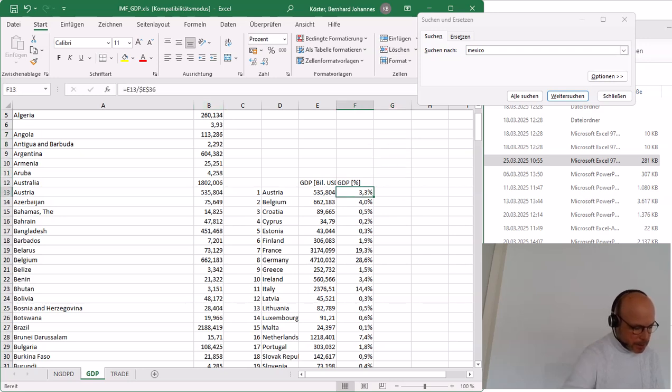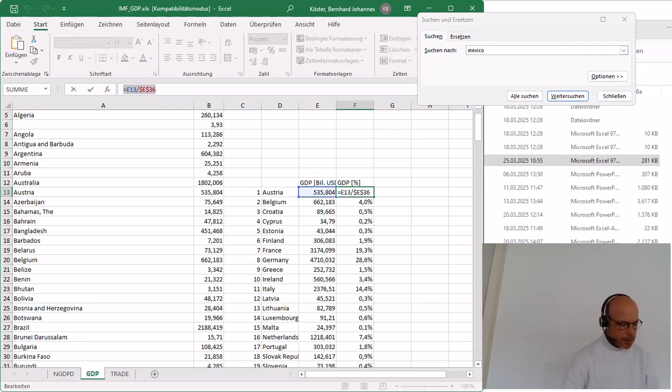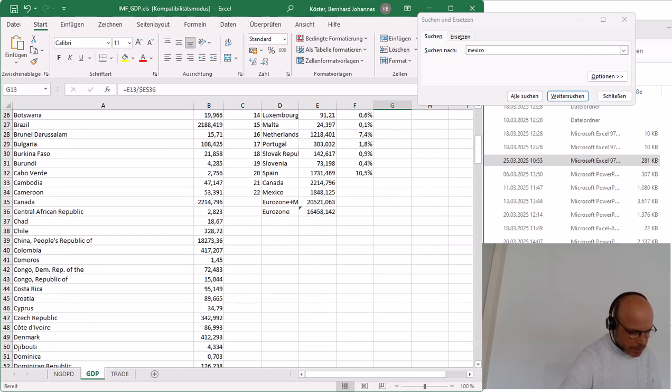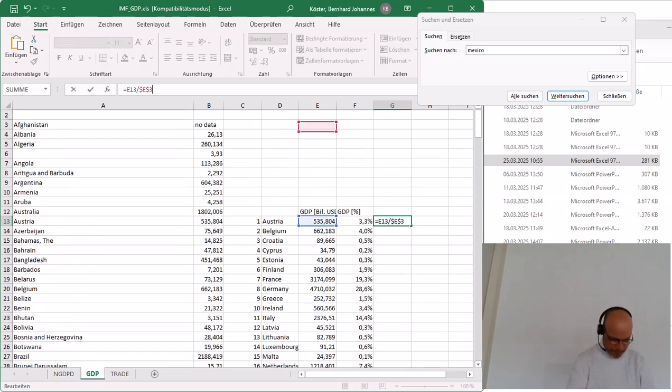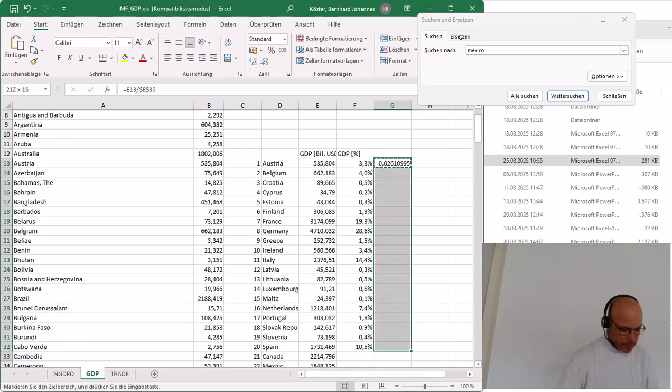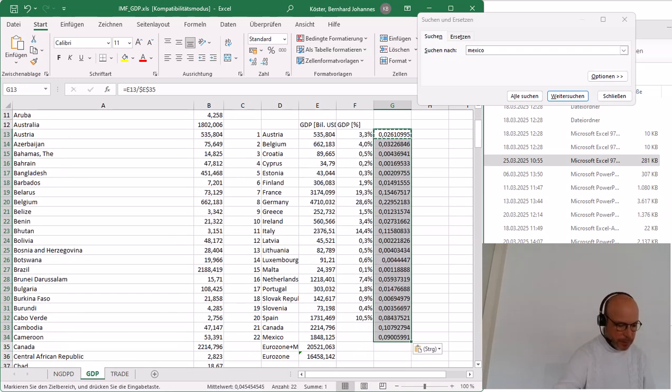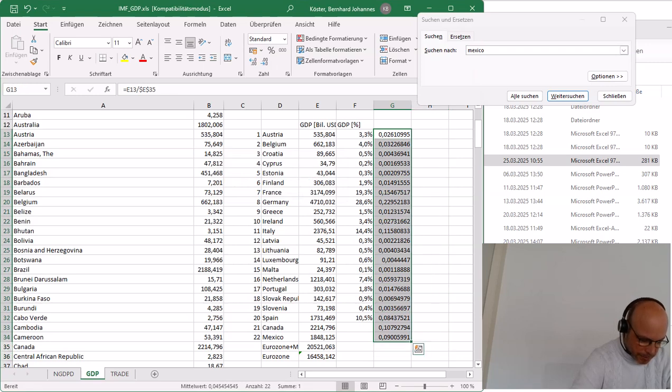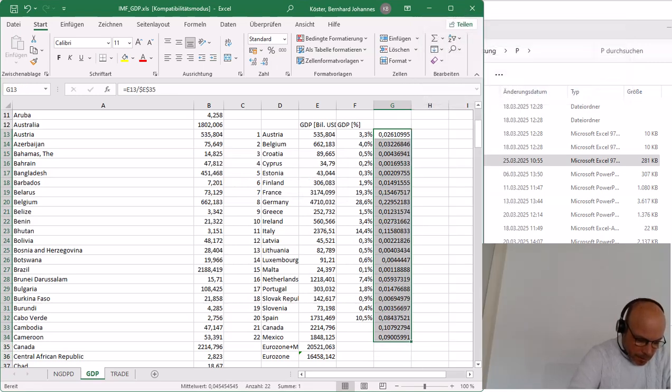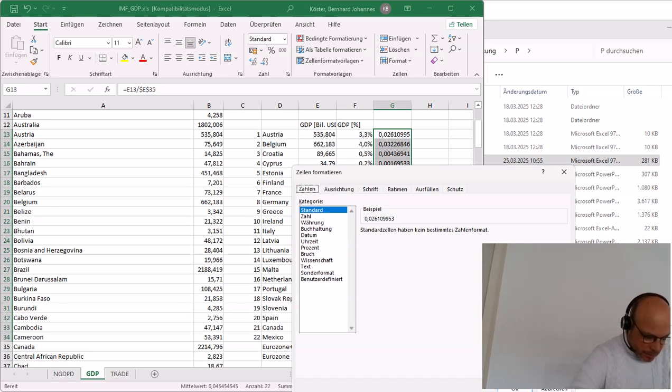And now we have to divide by not E36, but E35. So in the end, we more or less do the same as last week. This didn't work also last week. I don't know why. Percent once.